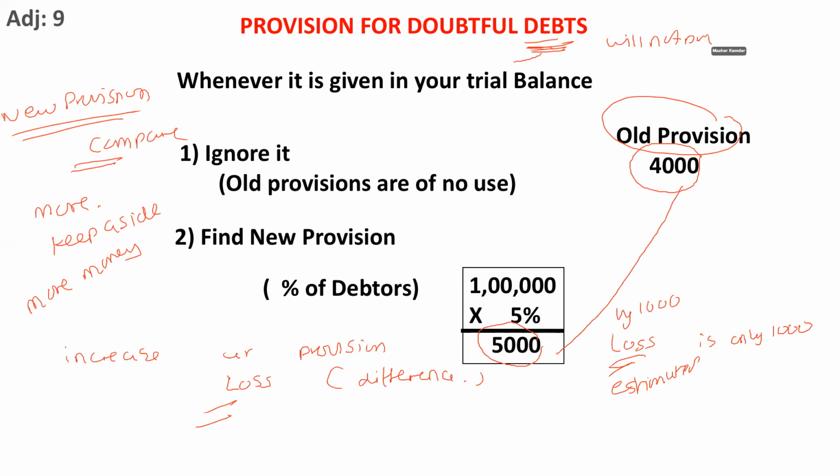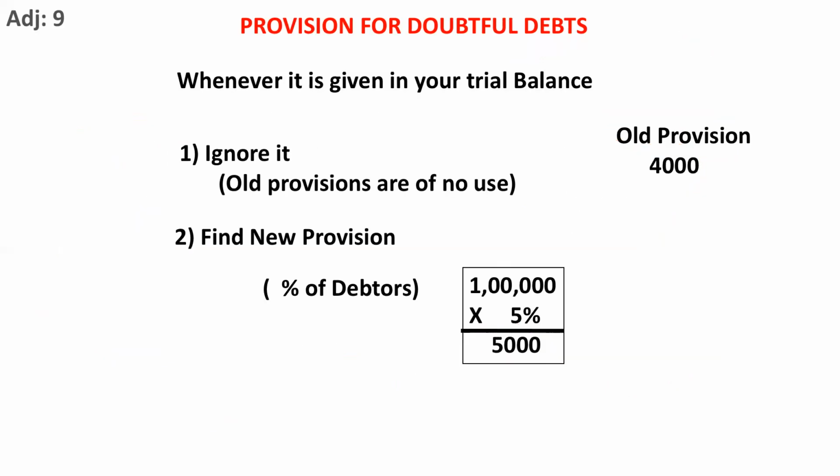But supposingly, if your old provision is 4,000 and your new provision is just 500, that means you are decreasing your provision. So initially you had a doubt that you will have more loss, so you kept aside more. But now you have a doubt that your loss will not be 4,000.